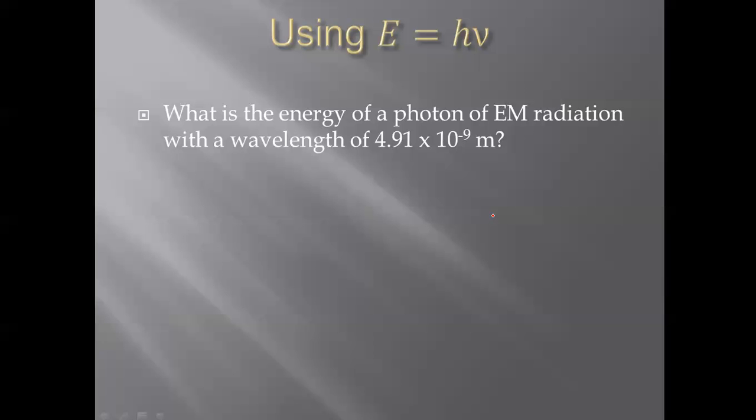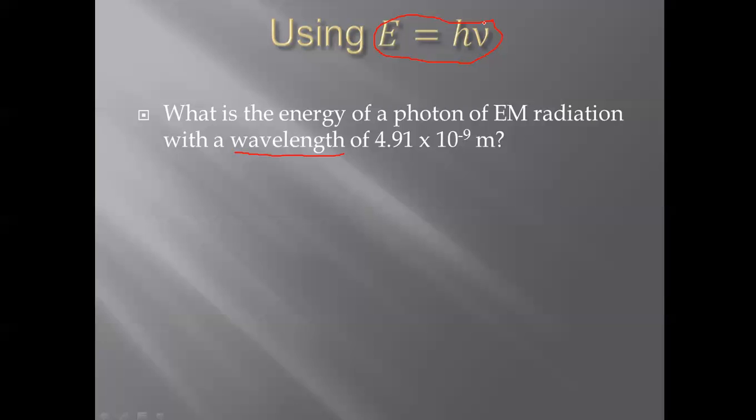It says, what is the energy of a photon of electromagnetic radiation with a wavelength of 4.91 times 10 to the negative 9th meters? So hopefully, when we look at this problem, something is jumping out at you in that this is giving us a wavelength. This equation necessitates a frequency.